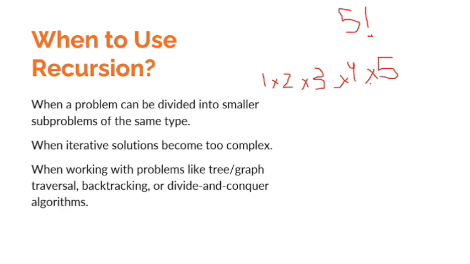After reverse tracking, we multiply all the values, and the resulting number is known as the factorial. We multiply 5 by 4, which is 20, and 20 multiplied by 3 is 60, and 60 multiplied by 2 is 120. So its factorial is 120.